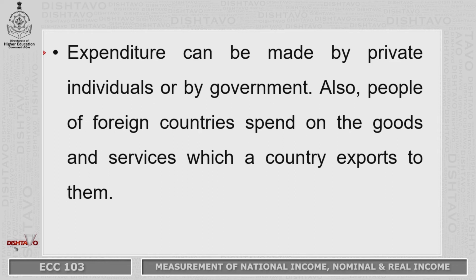Expenditure can be made by private individuals or by government. Private individuals can undertake expenditure and government also undertakes expenditure. Government undertakes expenditure on various infrastructure projects which increase the welfare of the economy. So, government expenditure is also very important as far as expenditure is concerned in the economy. So, both private expenditure and government expenditure play a very important role in the economy as far as generation of output and employment is concerned.